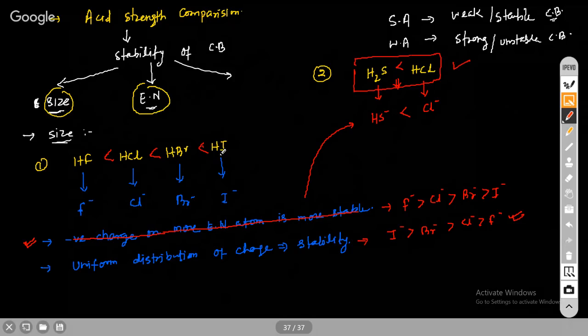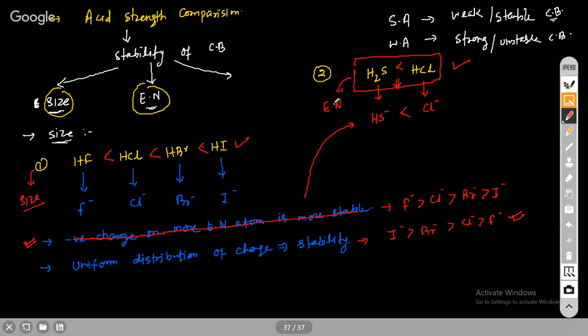And this is also correct. The point is here we are considering this size factor, uniform distribution of charge means size: the more the size, the more the uniform distribution of charge, and this we are doing by the electronegativity factor.